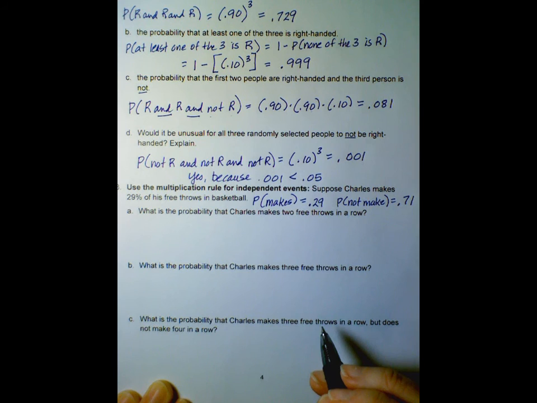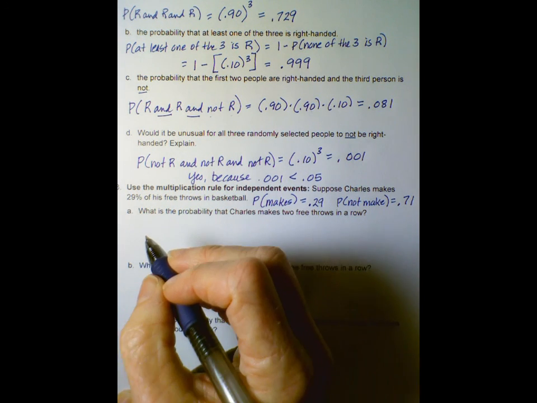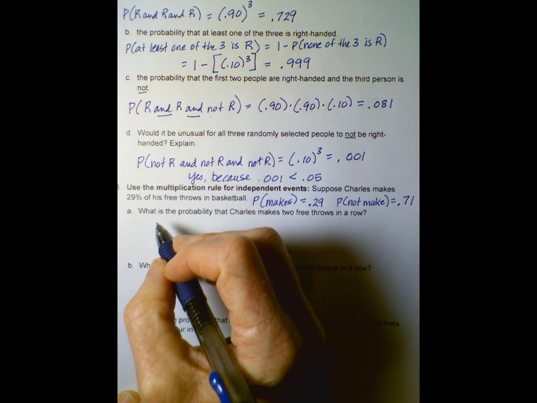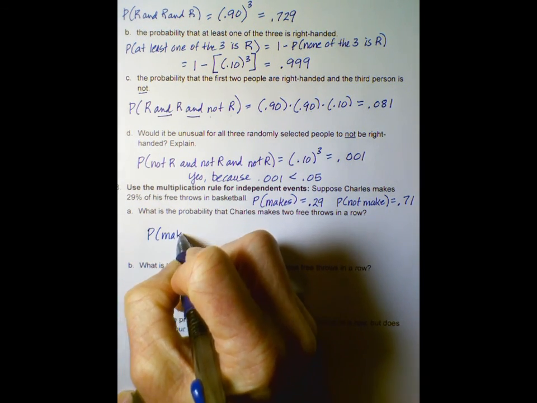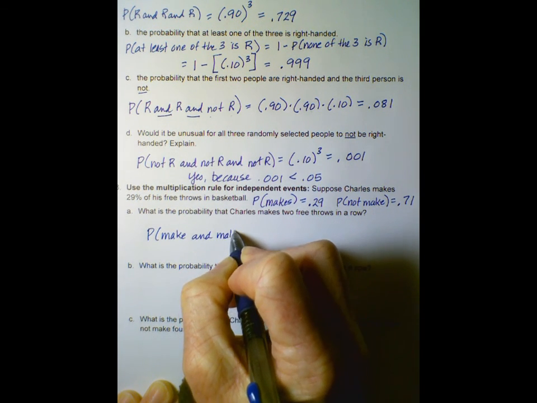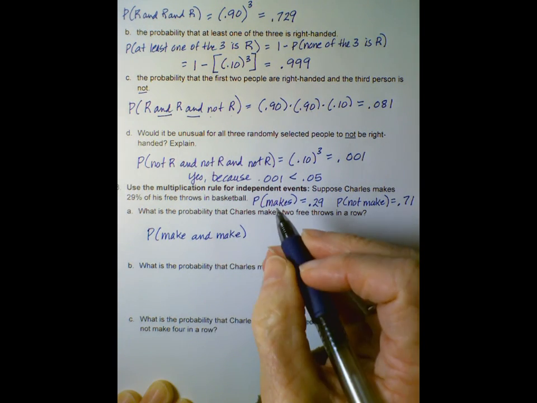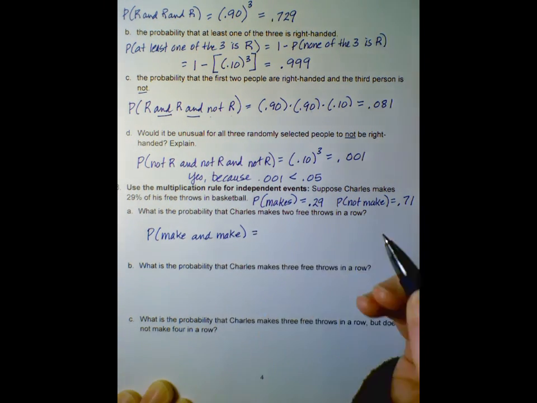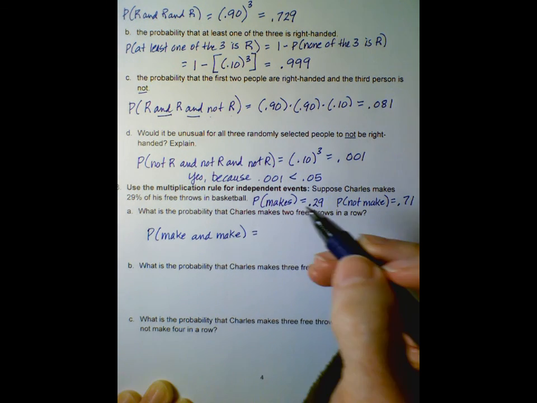What is the probability that Charles makes 2 free throws in a row? Okay, so for that to happen, he has to do the probability of make the first one, and make the second one, right? These are independent events. We're going to assume that independent.